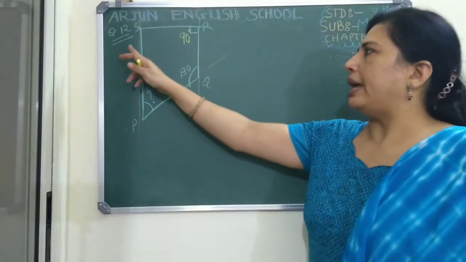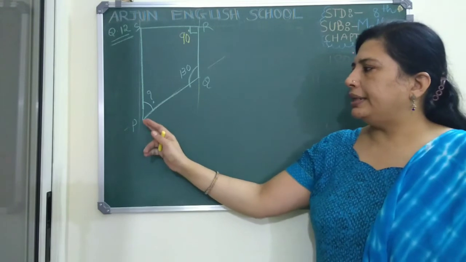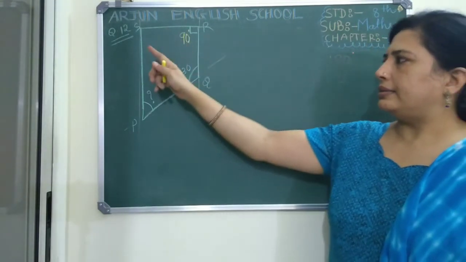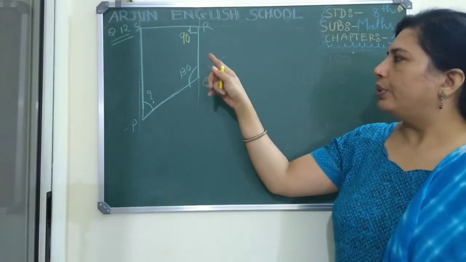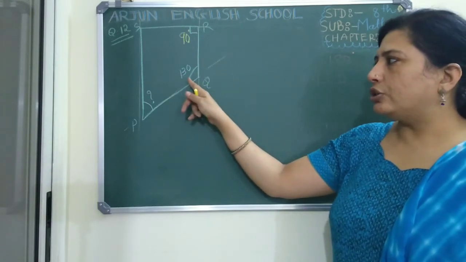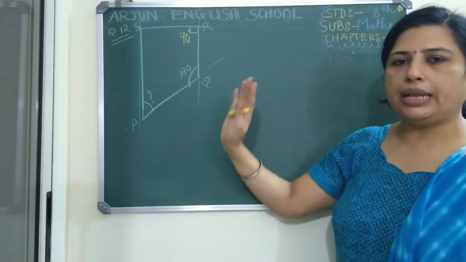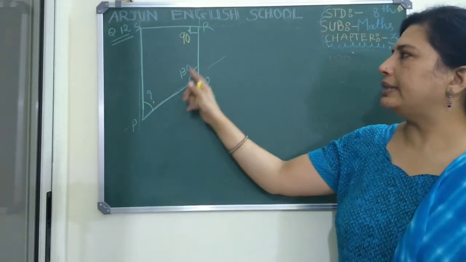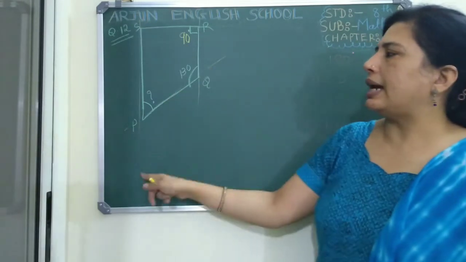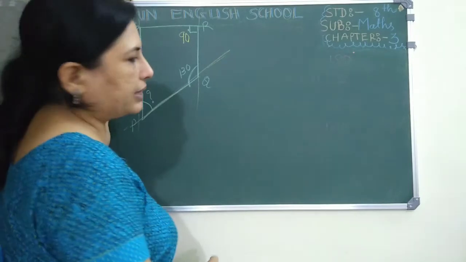In question number 12, again trapezium PQRS and PS parallel to RQ are given, and also the measure of angle Q is 130. We have to find out the measure of angle P. Here you can see that both the lines are parallel and this line PQ is its transversal.